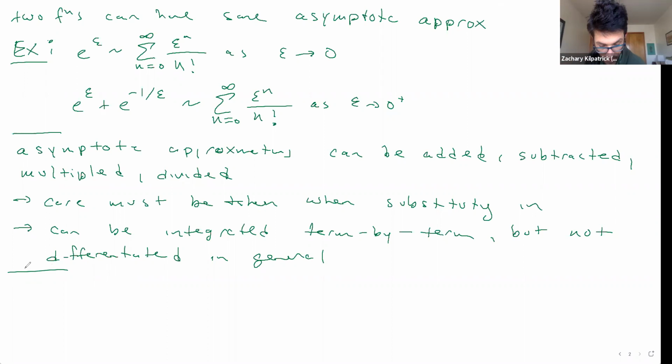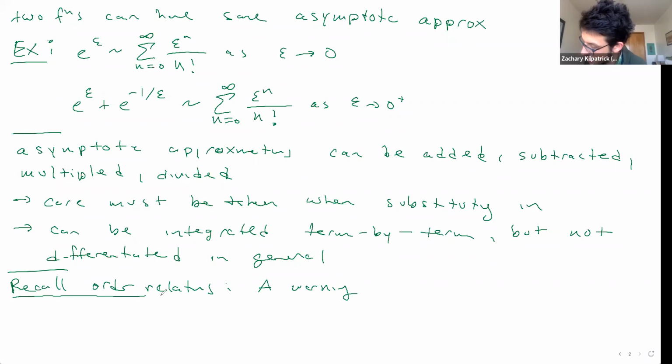So for instance, we can look at a few examples. If we recall our order relations, we'll look at a few situations where we have to take a little bit extra care when considering substitution.